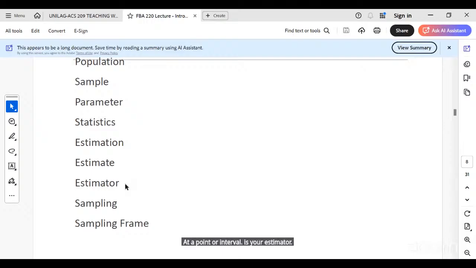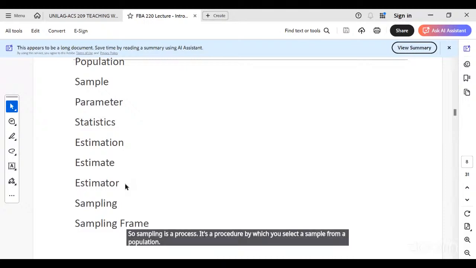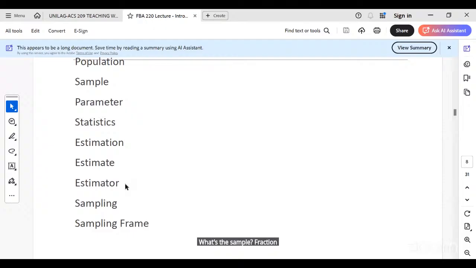So sampling is a process, a procedure by which you select a sample from a population. What's a sample? A fractional part of the population, a subset of it. So you have finished your cooking and you're about to conclude it.